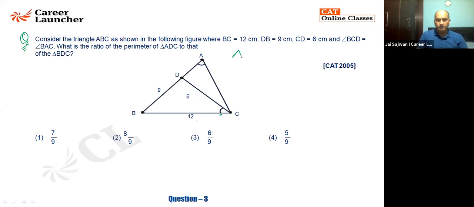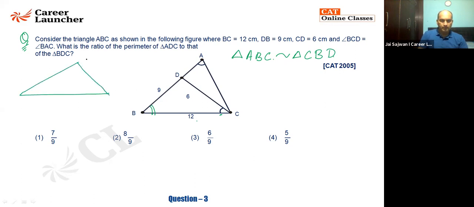Look at the triangle. I'm talking about triangle ABC, and I will say that it is similar to triangle CBD. Now some of you are thinking why? Look here. I will be writing two triangles separately.